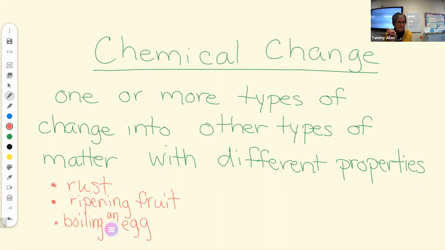Anybody? So again, the law of conservation of mass. Law of conservation of mass. Okay? Now, in this chemical change, in this particular case, the warm water sped up the chemical change of the fizz tabs, right?